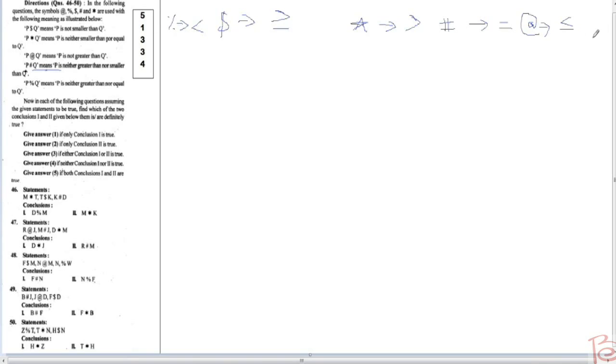Okay, so now we have five symbols, and we know what these five symbols represent. Now we have to go for the real solution.